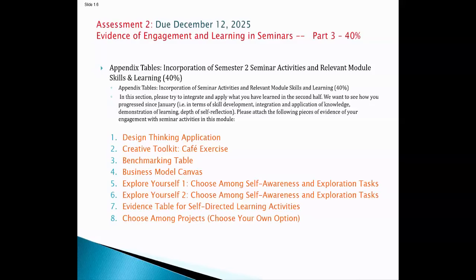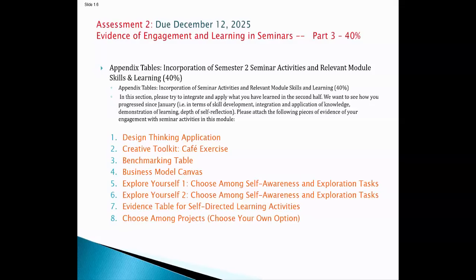So we will be finishing all of them. You will be putting all of them into your second portfolio, one by one. So come to the seminars, download the worksheets, complete them, and add them to your second portfolio.